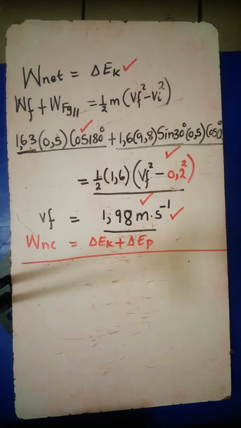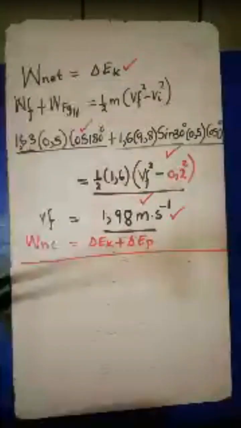A 75 kg block is initially at rest on the ground. It is then lifted vertically upwards at a constant acceleration of 0.65 meters per second squared by using a light inextensible string.